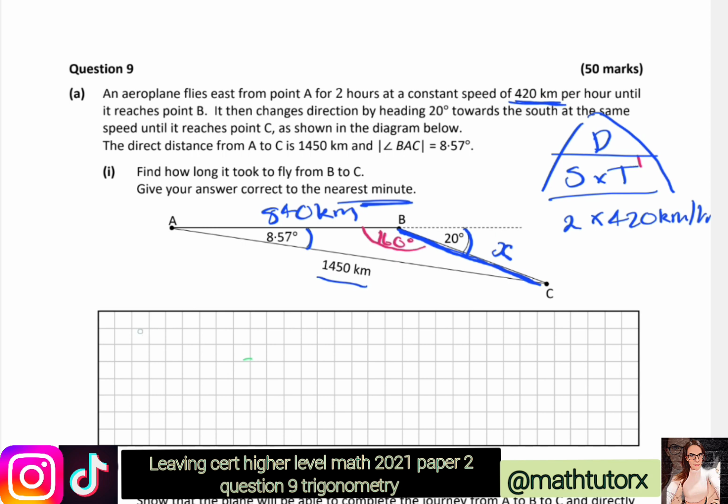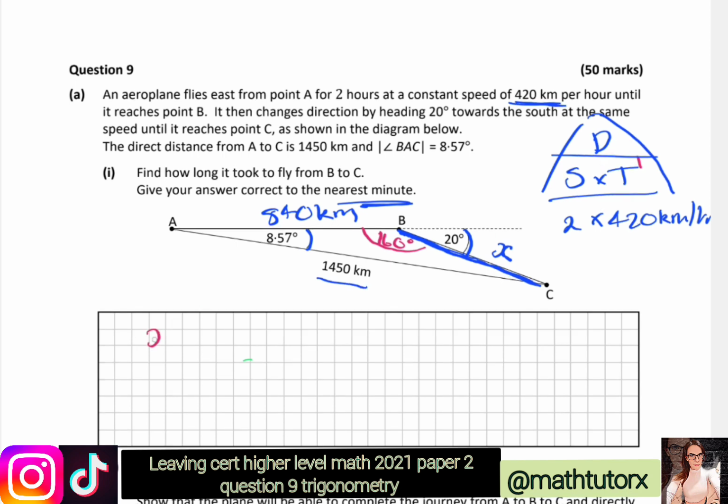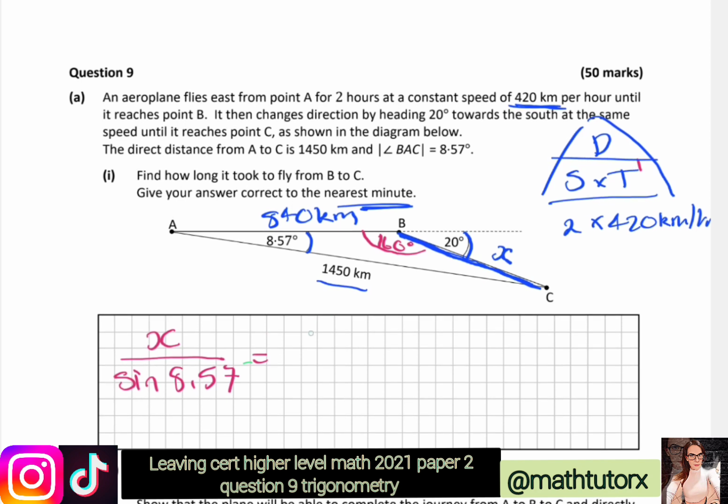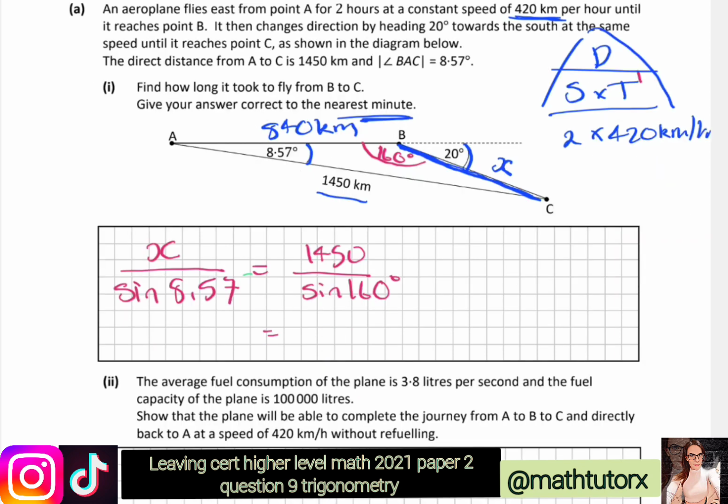So to find the distance for BC, so the side x, over sine of 8.57 equals the other side that we know, 1,450, over sine of 160 degrees.